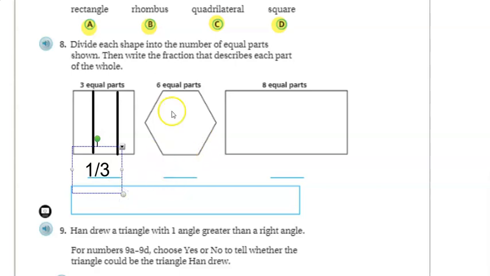This one says 6 equal parts. So hopefully you have a ruler so you can divide it into 6 equal parts. I always like to go for the first one, just draw it straight across so you can see right here, straight across, you have a trapezoid here and a trapezoid here, 2 of the exact same size trapezoids.